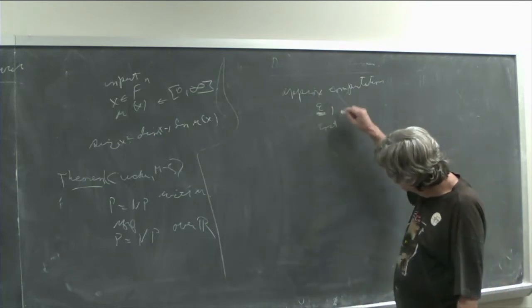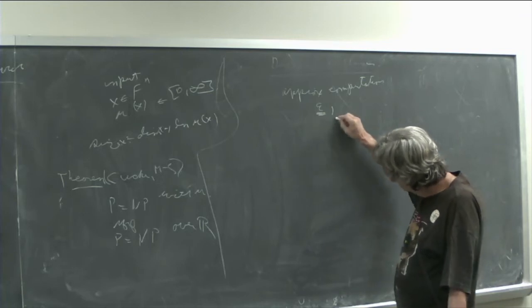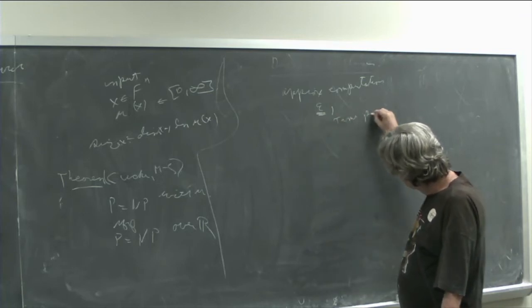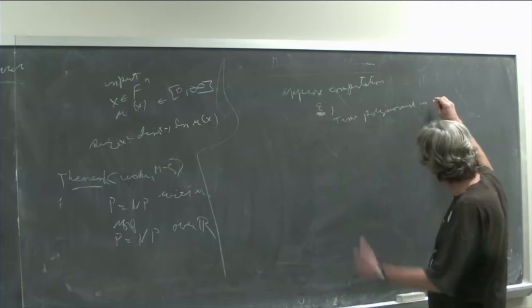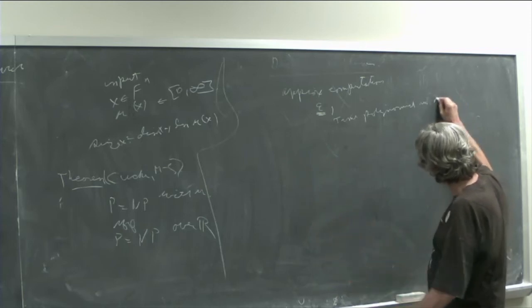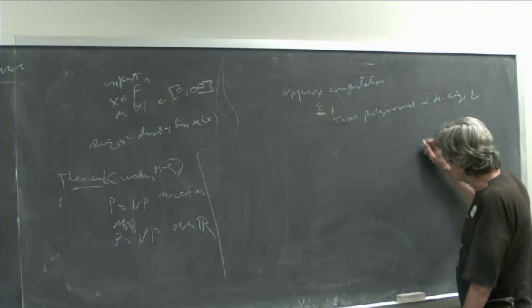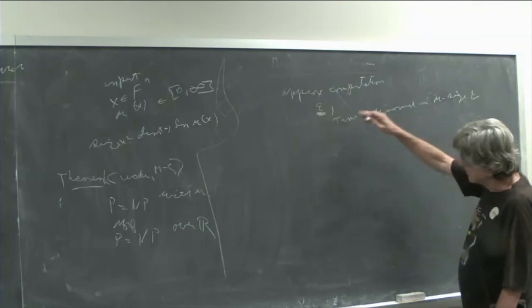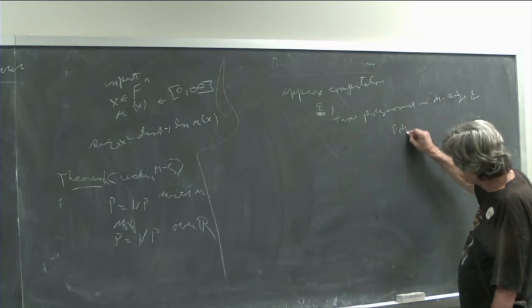And then the cost, or the time, should now be polynomial in the size, which now includes the mu size. And the condition should be that the precision of the machine should be polynomial in epsilon.